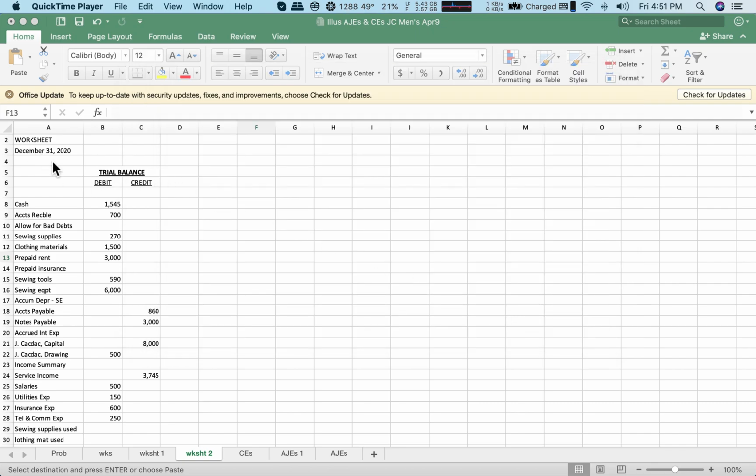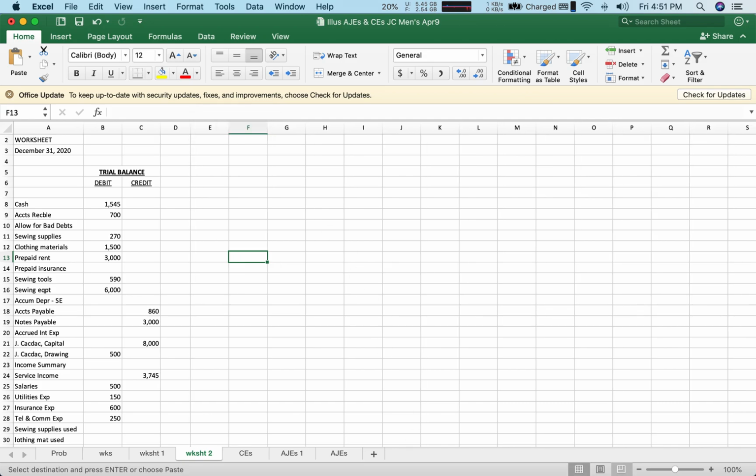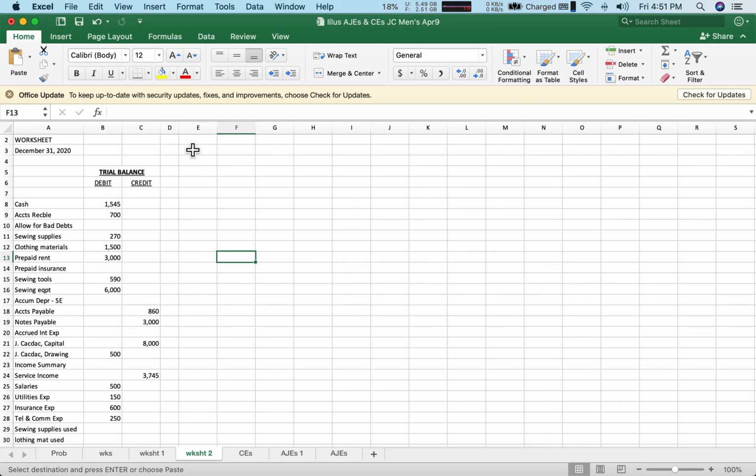Now we go back to our worksheet of the trial balance. We add a column here. We reduce it because we're only going to put the letters here, the letters of the entries, the adjusting journal entries.